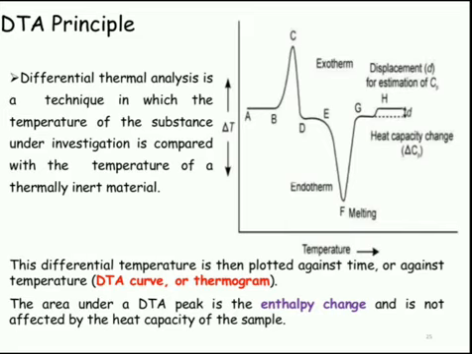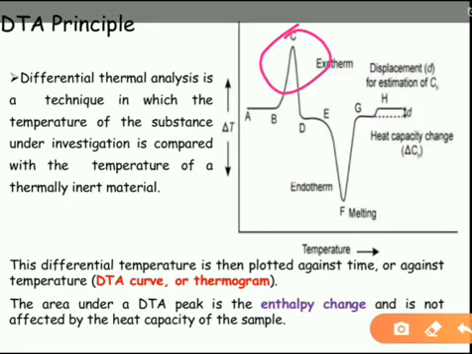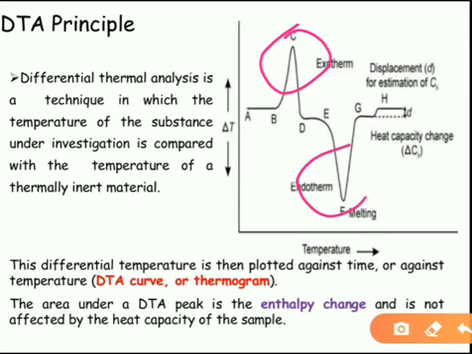The area under a DTA peak is the enthalpy change and is not affected by the heat capacity of the sample. And here, this is the exothermic peak and this is the endothermic peak in this DTA thermogram.